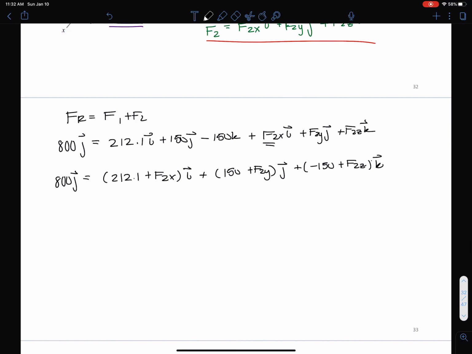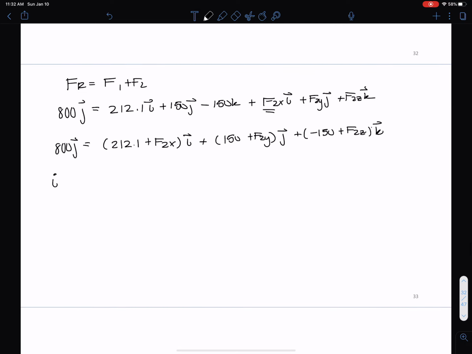Now I'm going to take each coordinate direction. Here I have only a j on this side, which means my i component is 0, and I'm going to equate it to the i component here. So 0 equals 212.1 plus F2x, and I can directly solve: F2x is equal to negative 212.1 newtons.